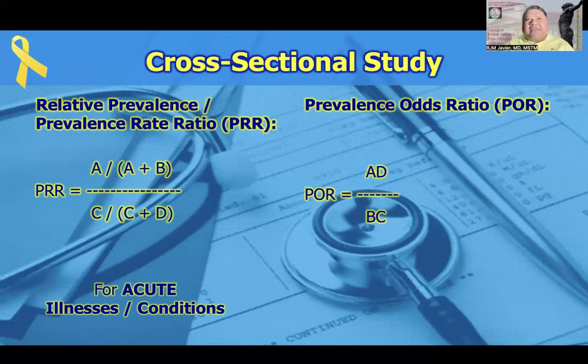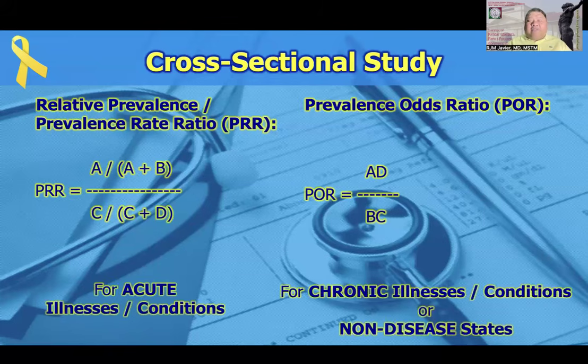On the other hand, if the outcome variable of your cross-sectional study is a chronic condition or if it's a non-disease state, then that's when you use your prevalence odds ratio. So for example, you want to determine the outcome variable, let's say, is COVID-19. COVID-19 is an acute infection. So if the outcome of interest is COVID-19, then you use your PRR.